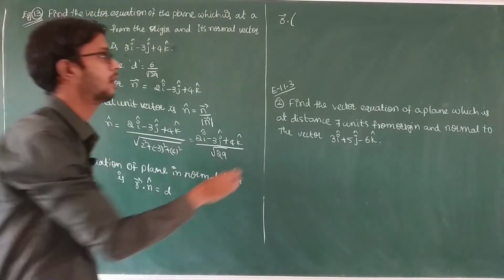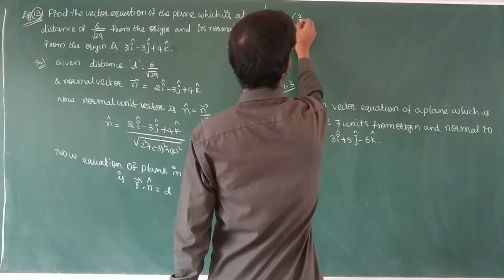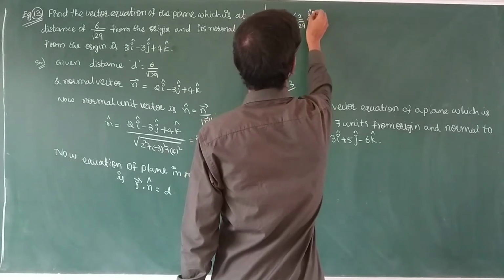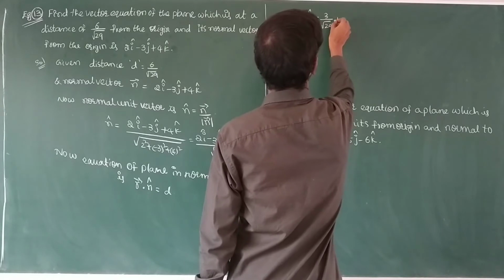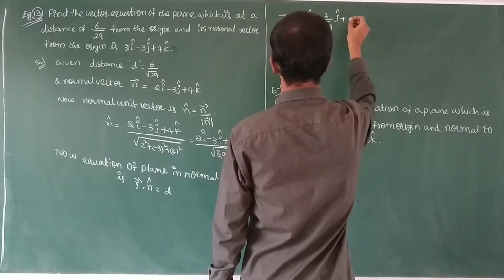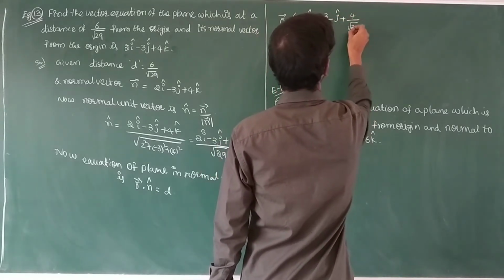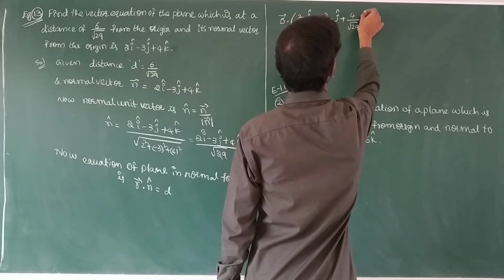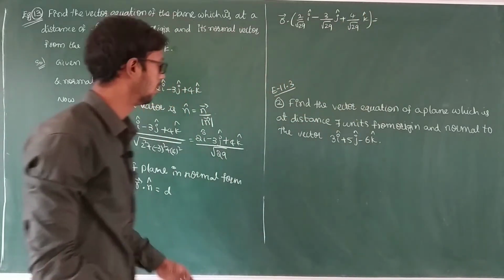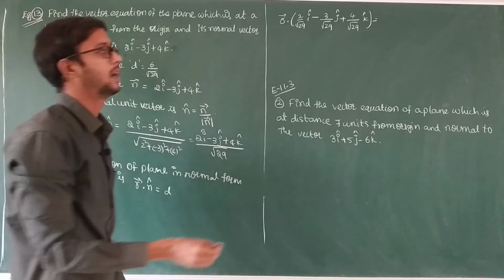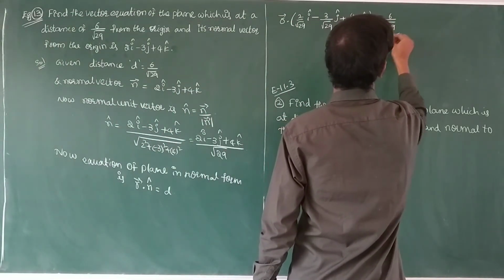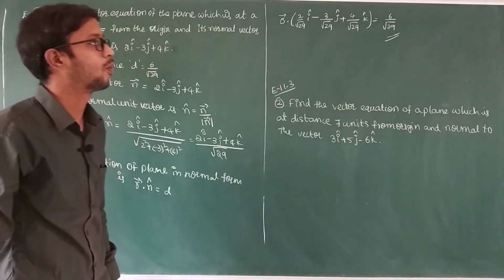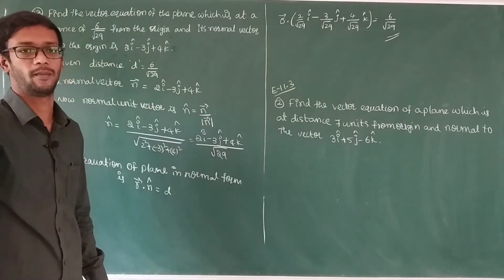What is the n cap? 2 by root 29 i cap minus 3 by root 29 j cap plus 4 by root 29 k cap is equal to d. What is the d here? 6 by root 29, which is the required plane equation.